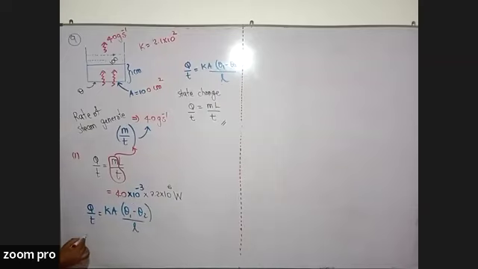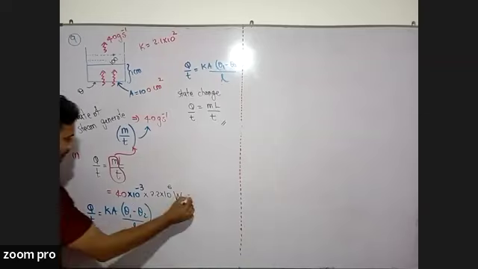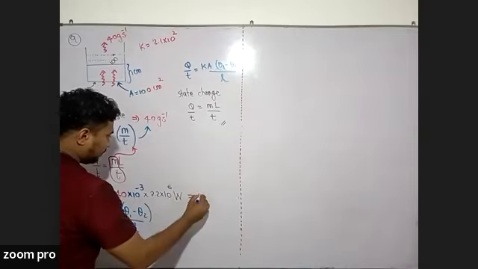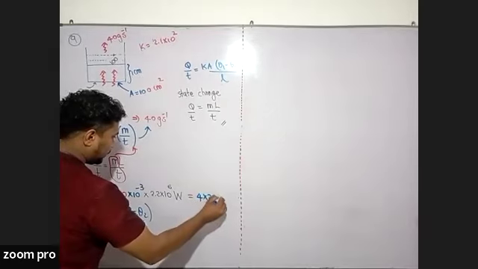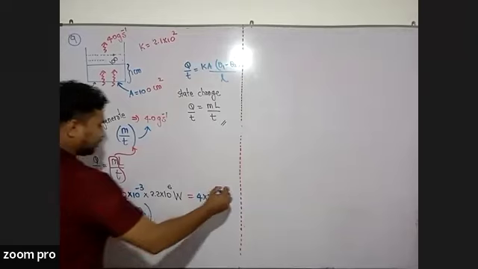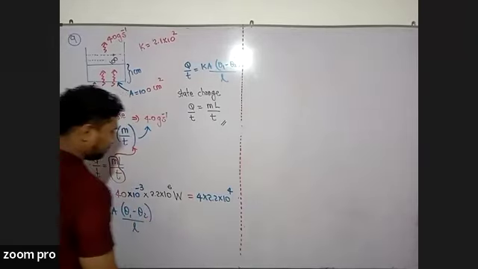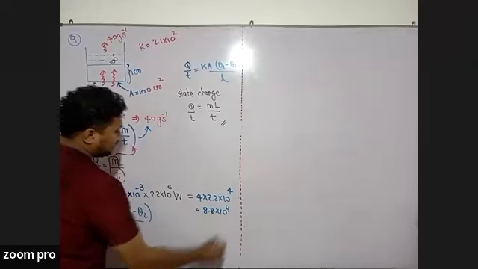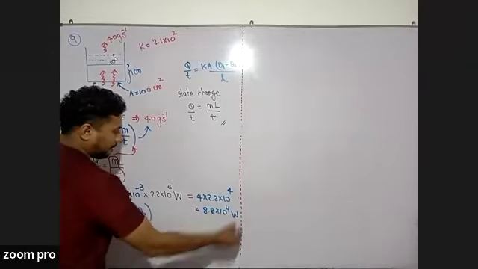So then let's simplify this value. It is equal to 4 into 2.2 into 10 to the power 4, right? Then further it can be elaborated as this one, right?